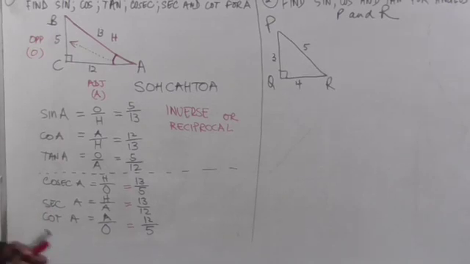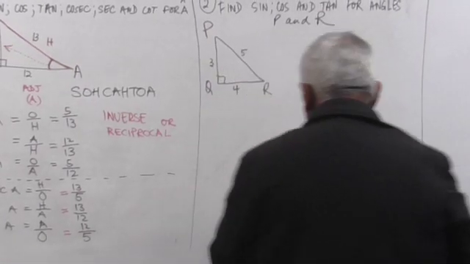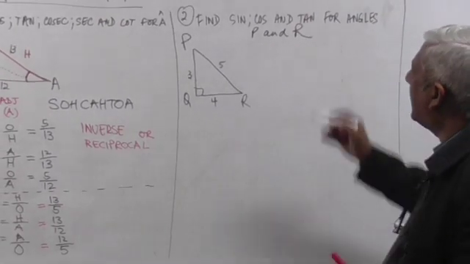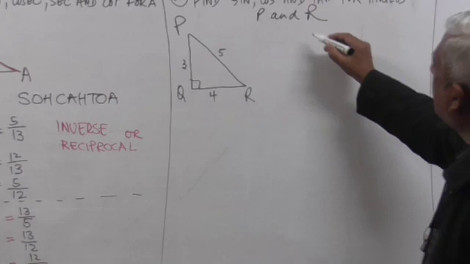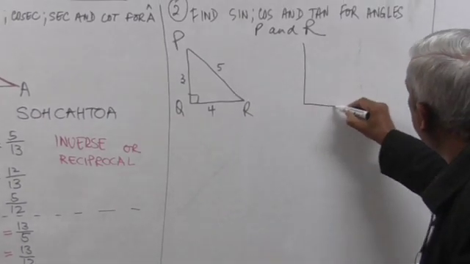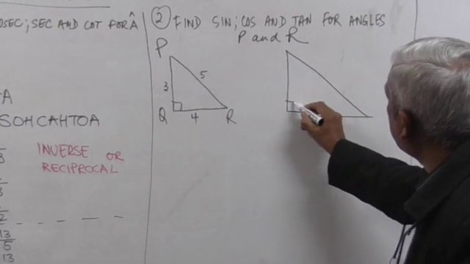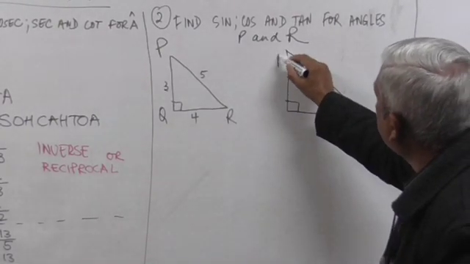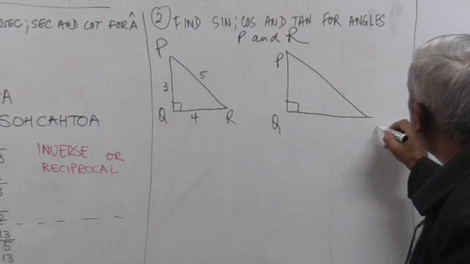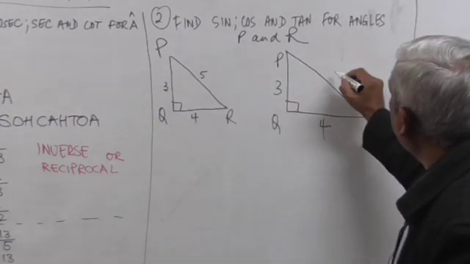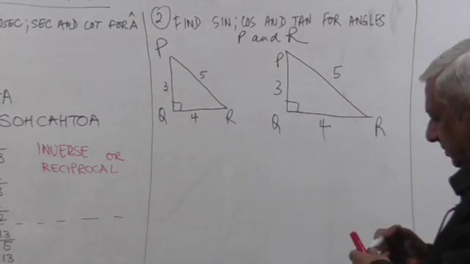Now we're looking at number 2. In number 2 they're talking about two angles, P and R. Therefore we're going to redraw the diagram. So this will be P, that will be Q, that will be R, that's 4, that's 3, that's 5.